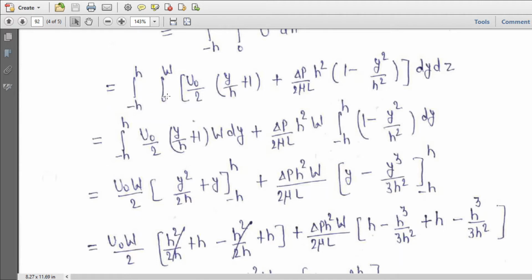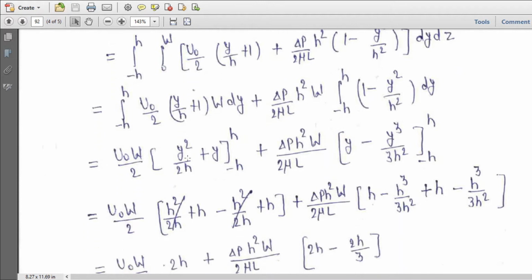The W integration is easy because the width is constant and not a function of the integration variable. So W is multiplied everywhere. Then each of these terms is integrated from minus h to h, so we can make it twice from 0 to h.